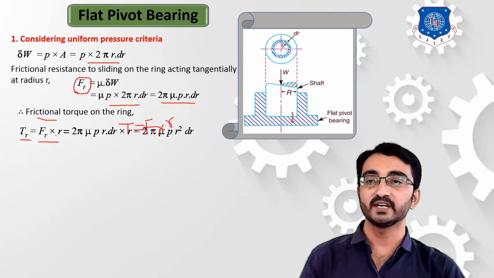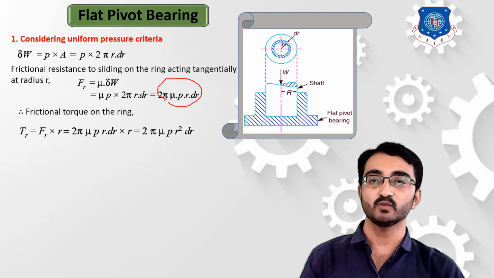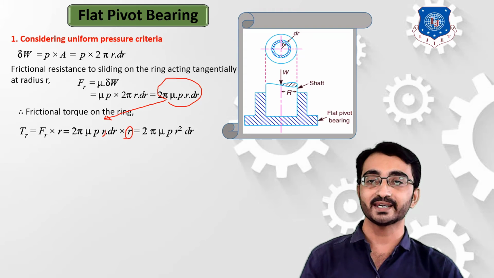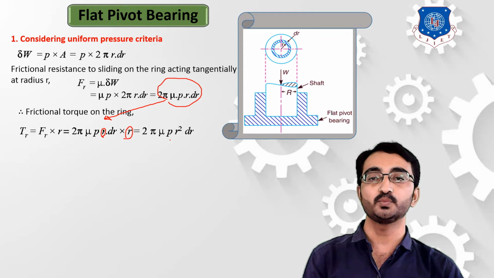By putting the value of Fr, your equation will be 2 pi mu P r dr into r. If you multiply this r with the second r, it will be 2 pi mu P r square dr. Now this is the frictional torque on the ring surface for a small elemental ring.